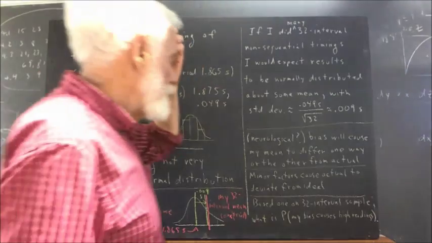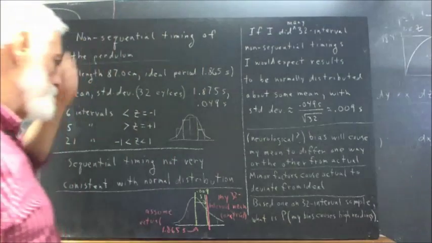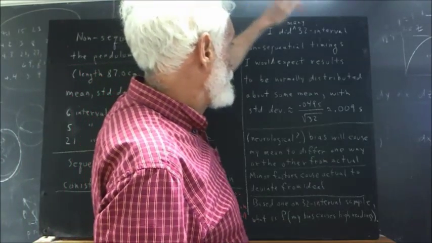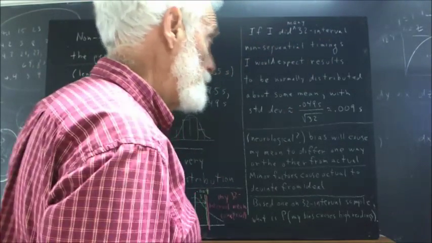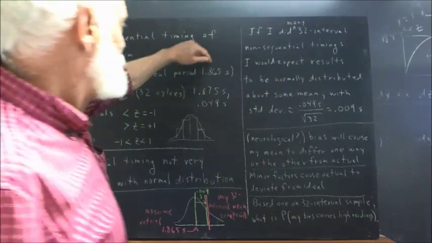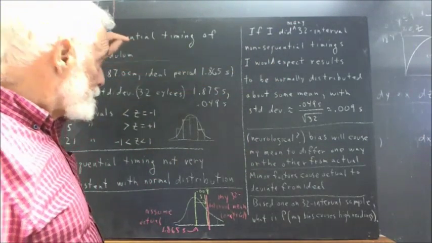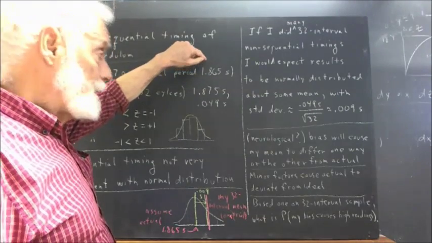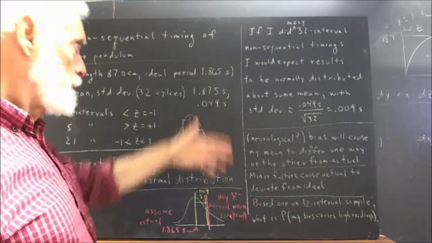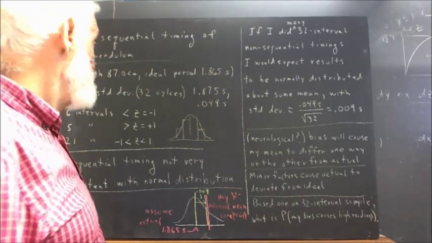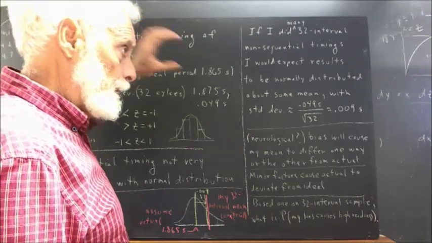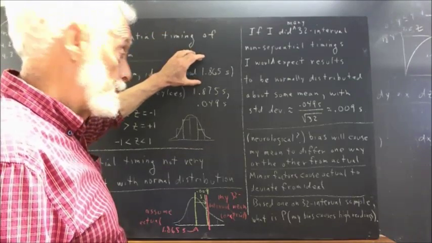Okay, now another aspect of the statistics here is if I did many 32 interval non-sequential timings, I would expect my results to still be pretty close to the ideal result or to the actual result. Now, the actual result and the ideal result will differ just a little bit because there are factors in the room that are not taken account of by the ideal result.